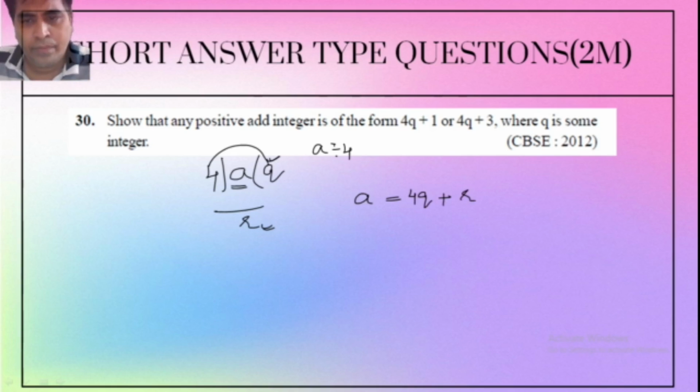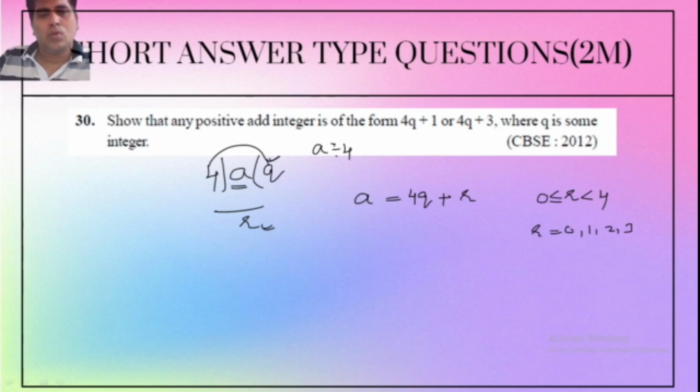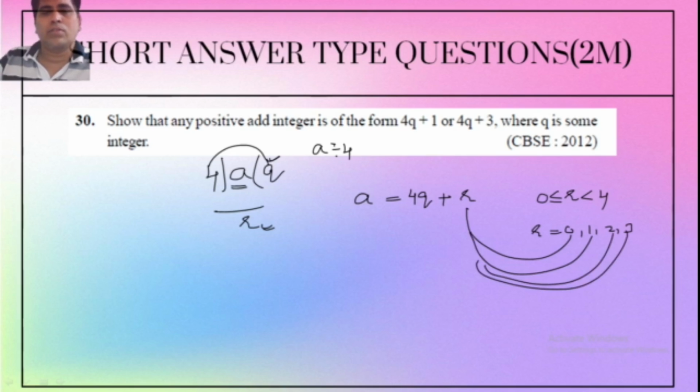Here r takes values 0 and strictly less than 4, so indirectly r takes the values 0, 1, 2, 3. If I put each and every value here, you will get different values of a.